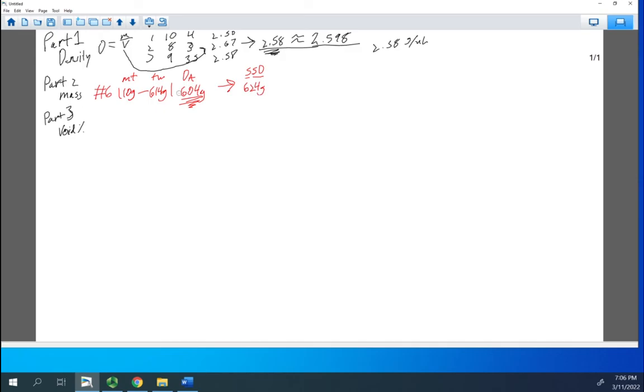Again, we take these two numbers, 624 minus 604, and we get 20 grams water weight. That's all you need for this next equation.